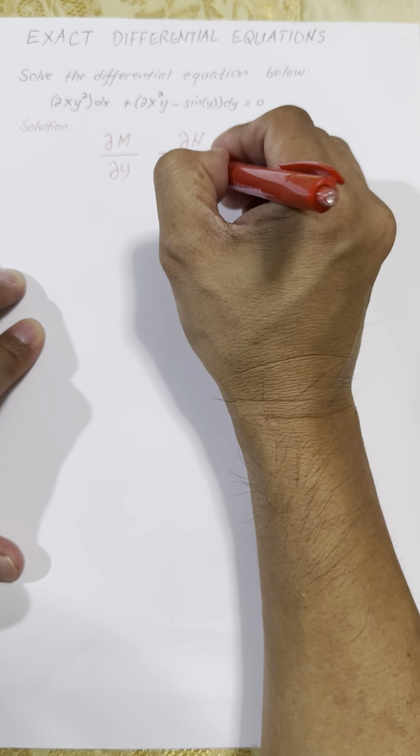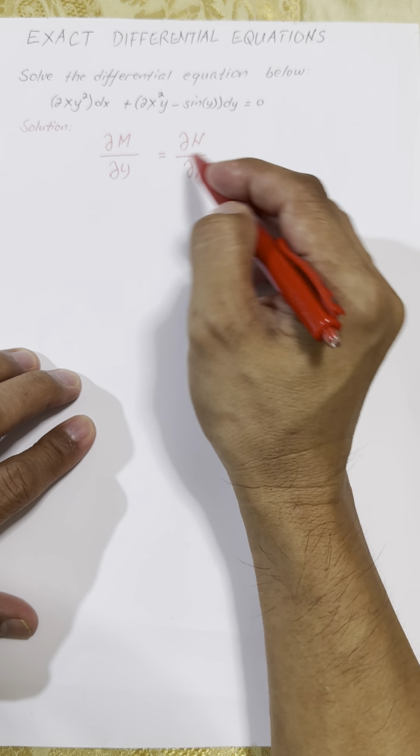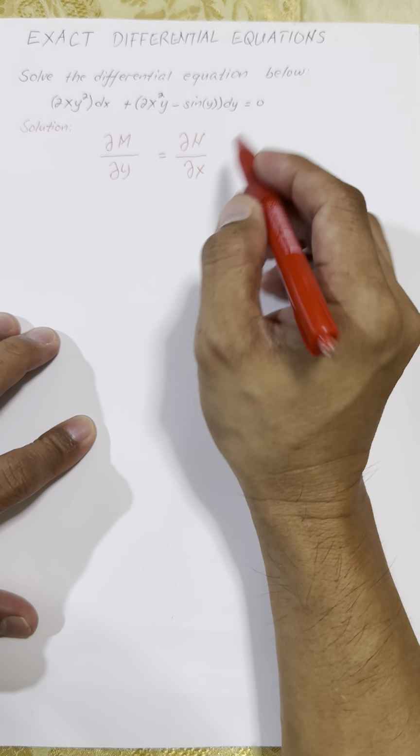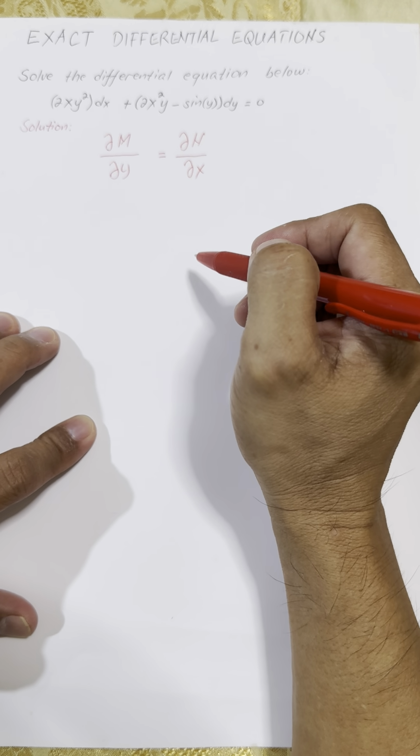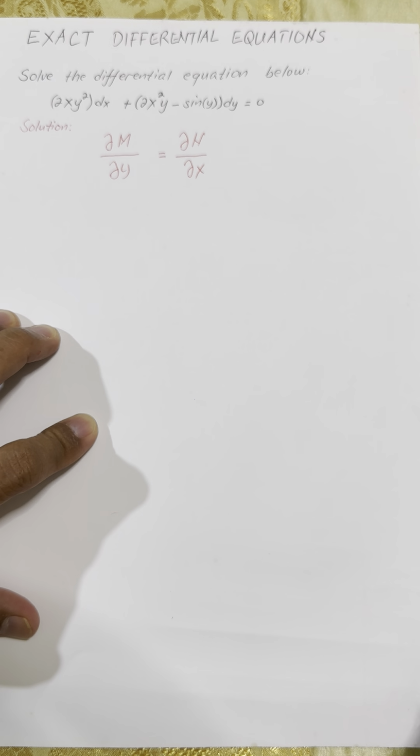So if we can prove that these two partial derivatives are equal, then we can say that this is an exact differential equation. Okay, so let's get back to the basics.